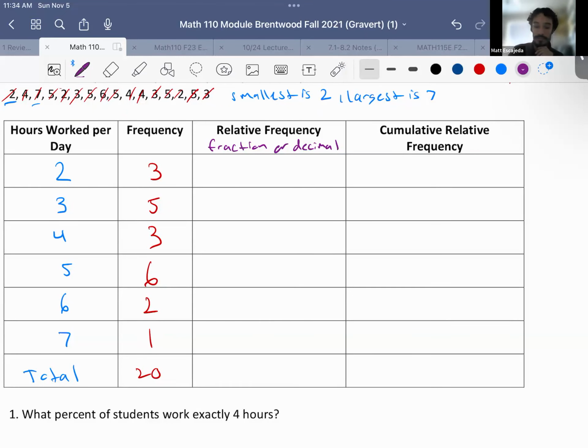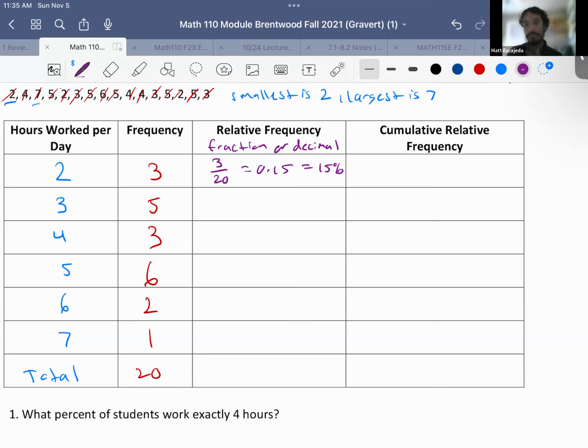Remember, relative frequency is just dividing our frequency by the total number in the sample. So our frequency for this one is just 3 over 20, which is 0.15, and that's just 15%.